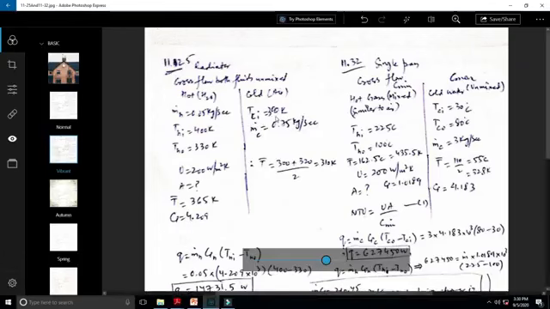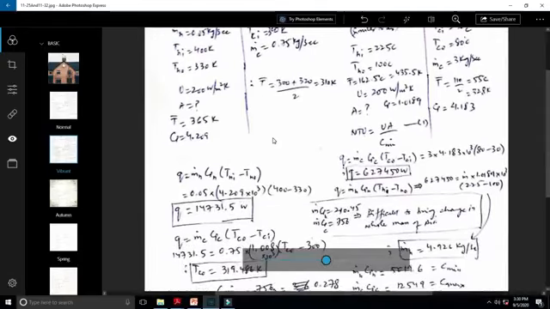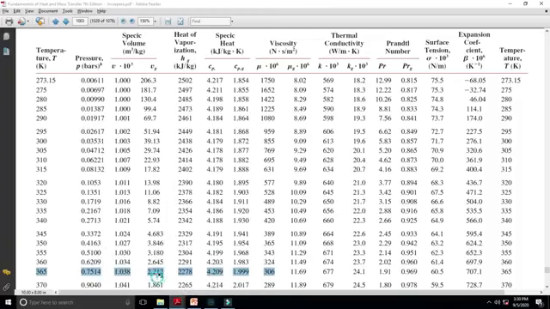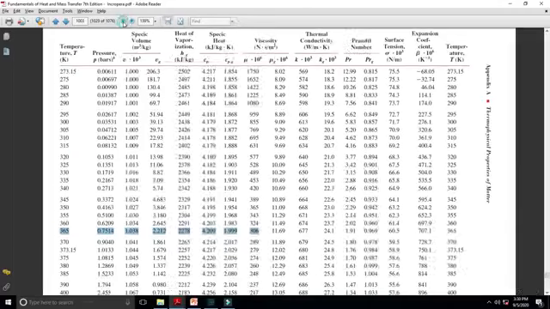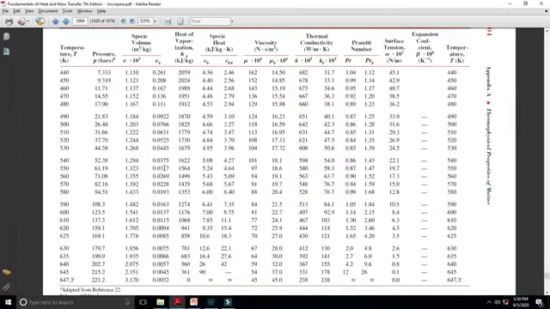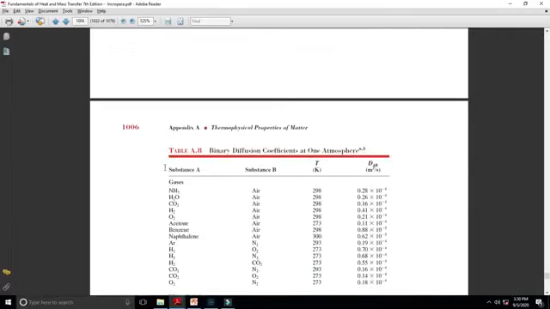We are given the inlet temperature as 300, but we do not know the exit temperature. So what you can do is take a look at the average at various values of Cp of air. It is water here. So let me see where we have got the air.